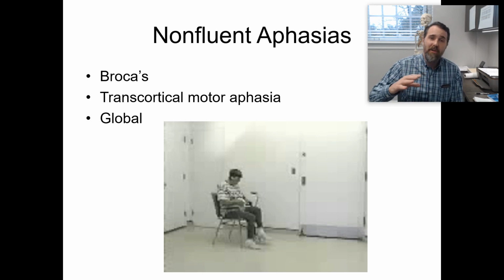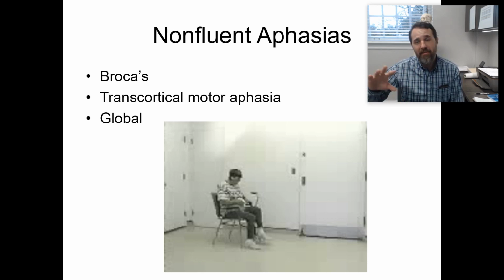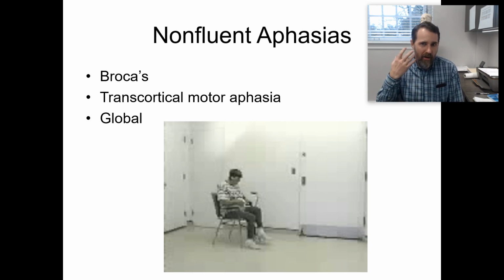And I may also use the term, like I said, receptive aphasia, and this is referencing their primary receptive language deficits. Our three classic categories of non-fluent aphasia are Broca's aphasia, transcortical motor, and global.